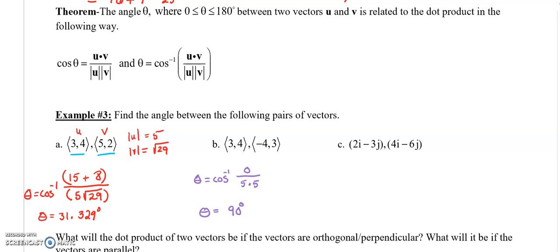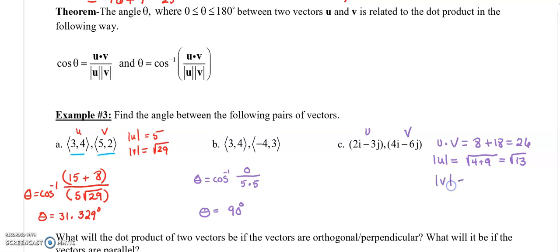We have our vectors in linear combination form. And so I'm going to work through, if I call this vector u and this one vector v, I'm going to go ahead and get the dot product of u dot v. And so I have u dot v equals 8 plus 18. Now I'm going to find the magnitude of u. So I have the square root of 4 plus 9, which is the square root of 13.